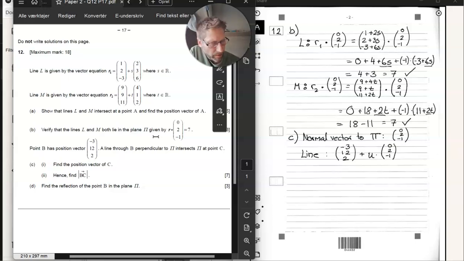So what do we do? Well, we take this vector equation and we put it into the equation of the plane to see which value of u gives us a point.